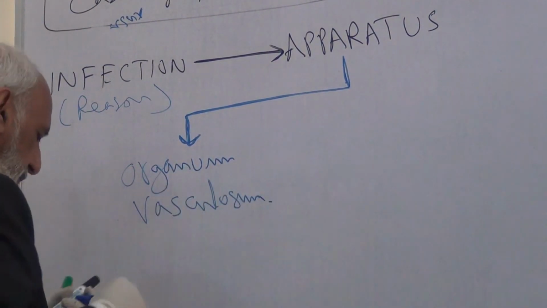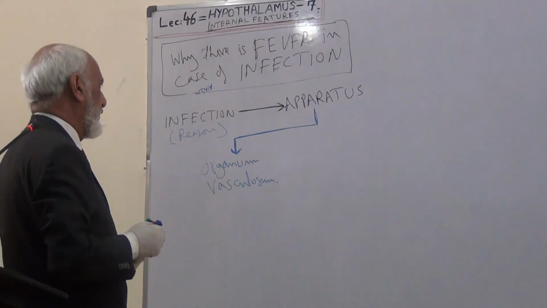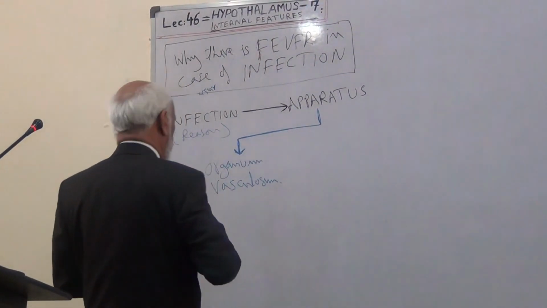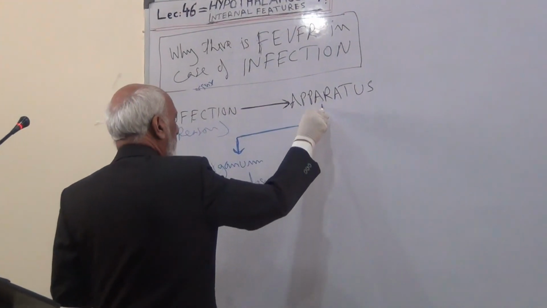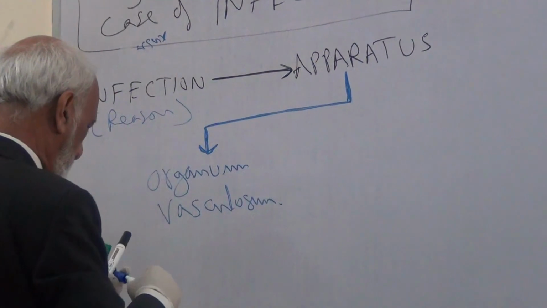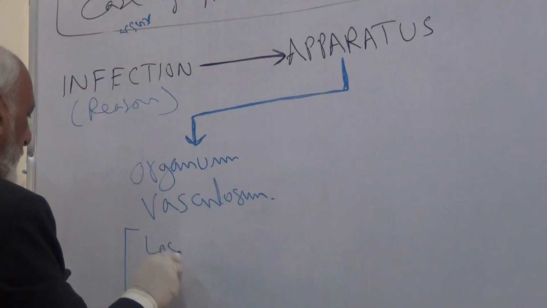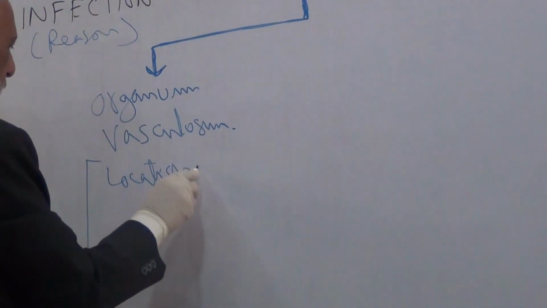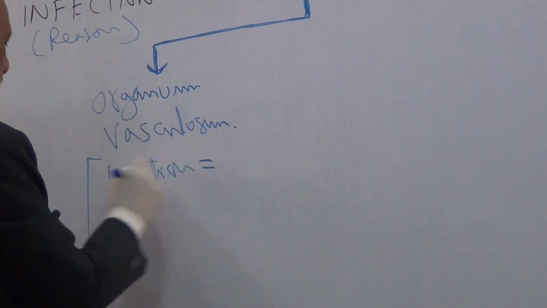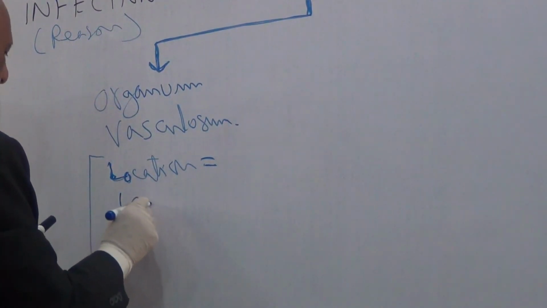Organum vasculosum is one part which is involved in this process, that is, the fever in response to infection. Now, what is the location of this organ? It is in the lamina terminalis.